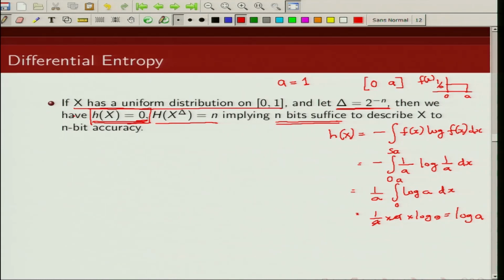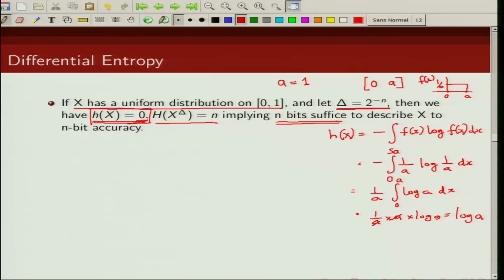One point I just wanted to make which is different for differential entropy compared to the entropy for a discrete random variable is, for a discrete random variable the entropy is greater than or equal to 0. Here the entropy can be less than 0. For example, if A is a fraction, let us say A is half, then the entropy in this case will be log of half, which is minus log of 2, which is a negative quantity.